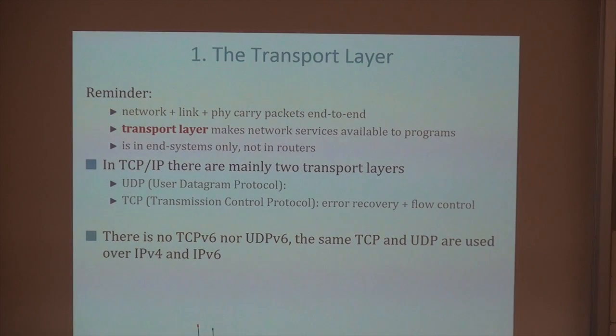That's the good news. The transport protocol TCP or UDP is the same whether you run on IPv4 or IPv6. In some sense, it's a success of the layered approach that by changing to IPv6, we don't need to change the switches below, except for the path, and we don't need to change the layers above.